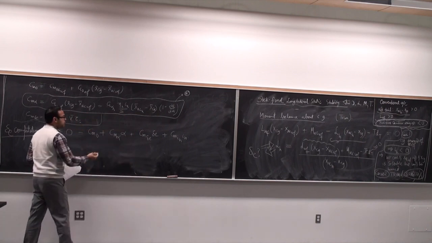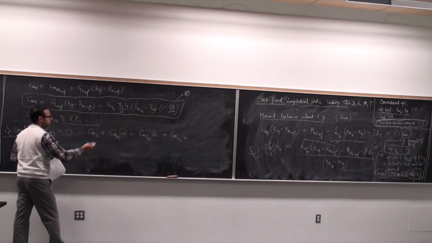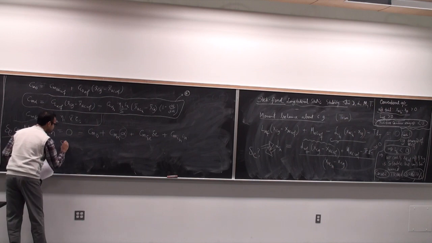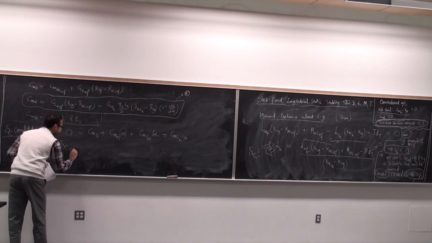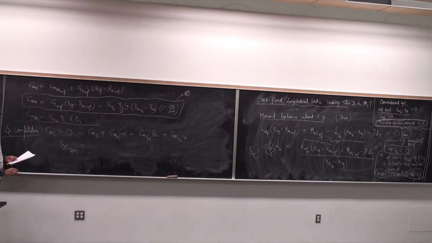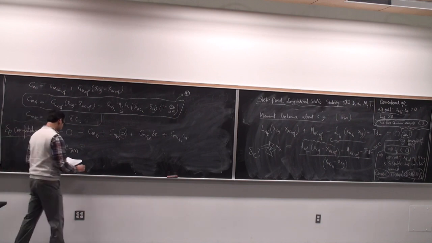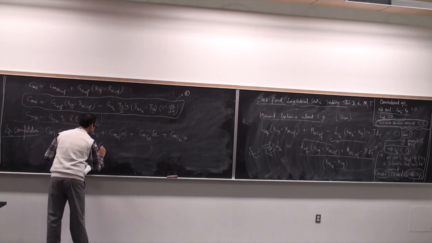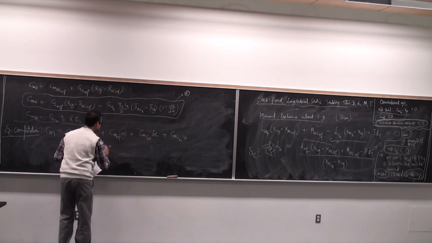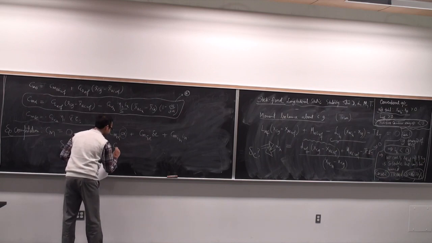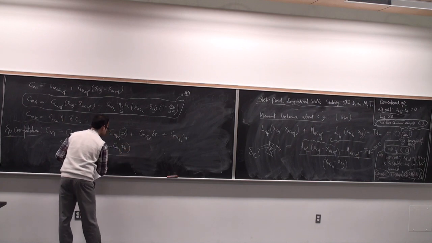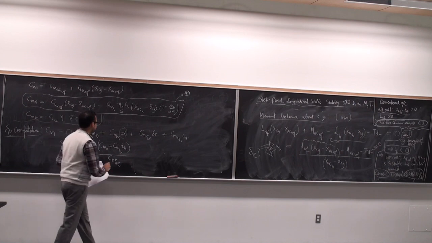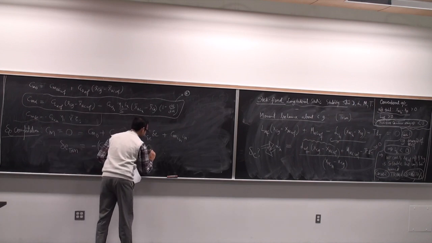So if you know your trim angle of attack, then you can use this equation to determine the trim elevator deflection. That's going to be minus Cm0 minus Cm alpha alpha, divided by Cm delta E.